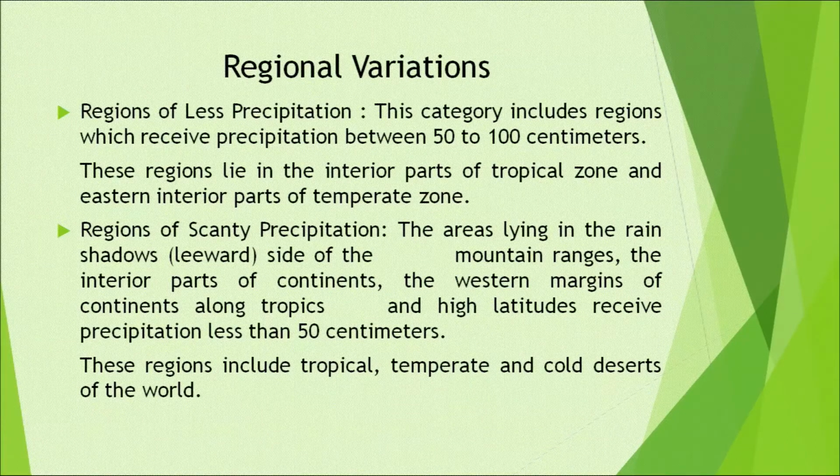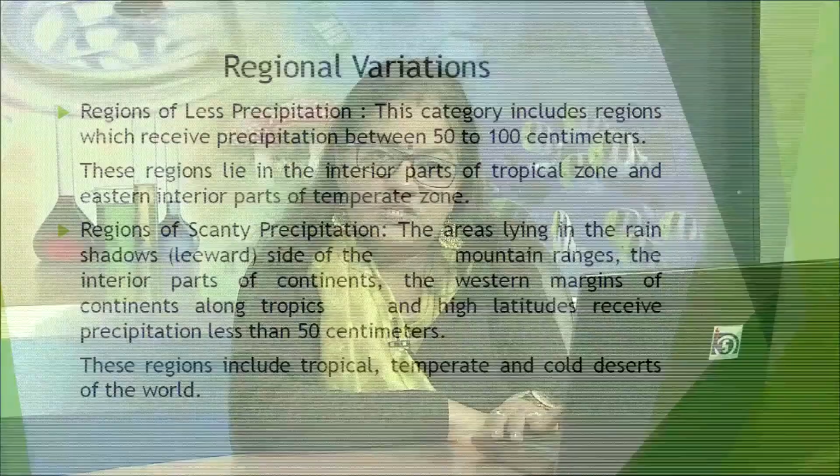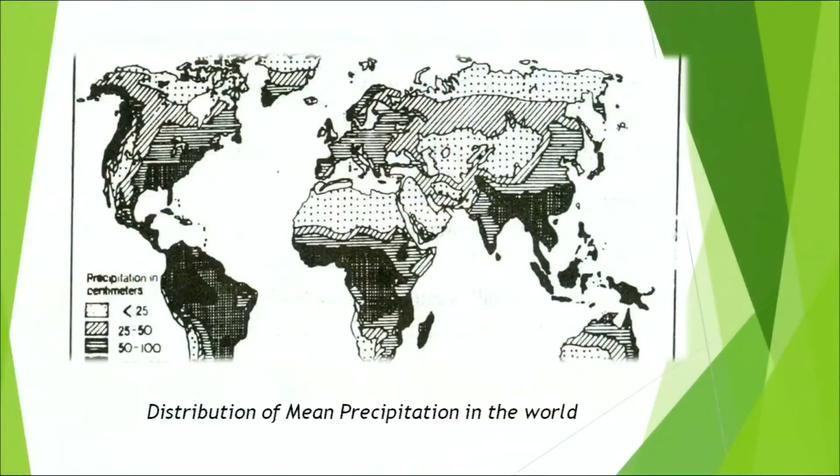The areas lying in the rain shadow, that is, the leeward side of the mountain ranges, the interior parts of continents, and the western margins of continents along the tropics and high latitudes receive precipitation of less than 50 centimeters. These regions include tropical, temperate and cold deserts of the world. Look at this map which is depicting the distribution of mean precipitation in the world.